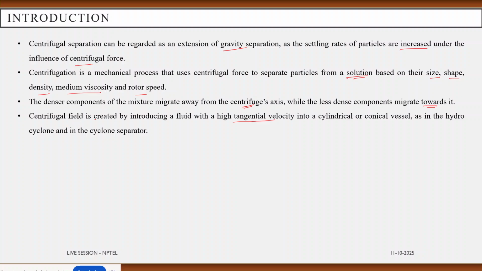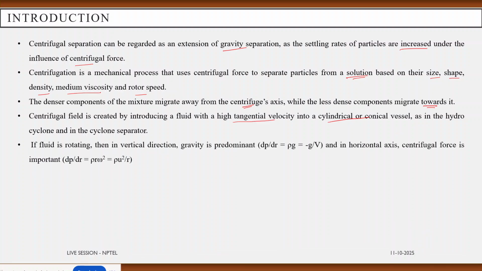So in a centrifuge, tangential feed input is generally practiced, and it is carried out in a cylindrical or conical vessel. As you can see in a hydrocyclone or any kind of cyclone separator, those are basically cylindrical or conical in shape.